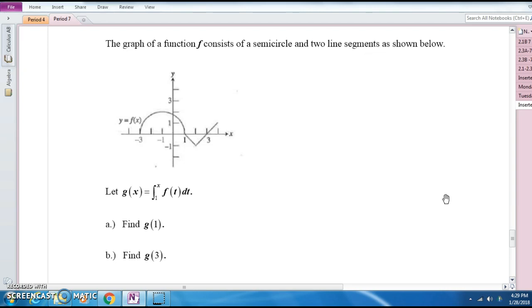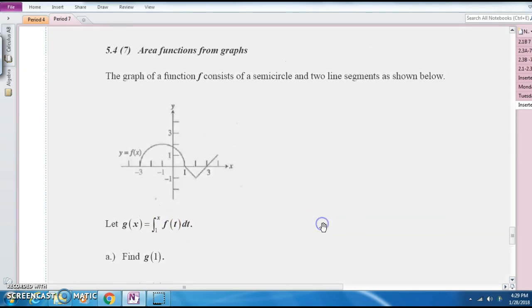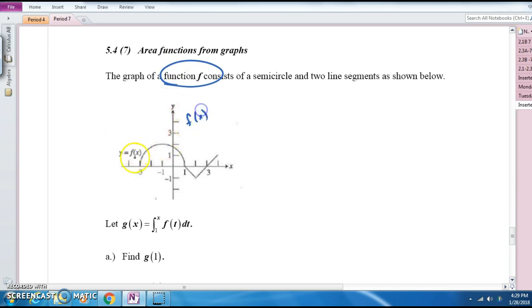First of all, looking at this right here, make sure that everybody understands that this is a function of x. This is f of x, which is shown right there as well. So this is the integral from 1 to x.